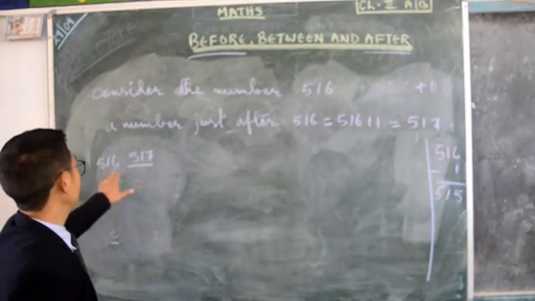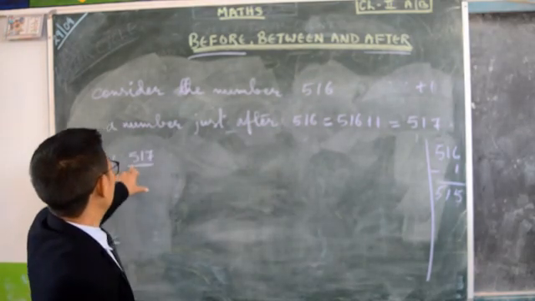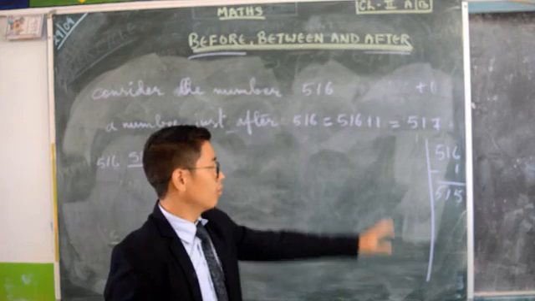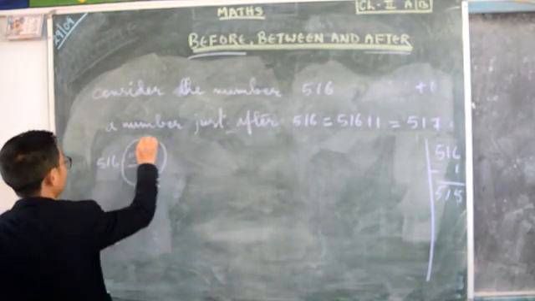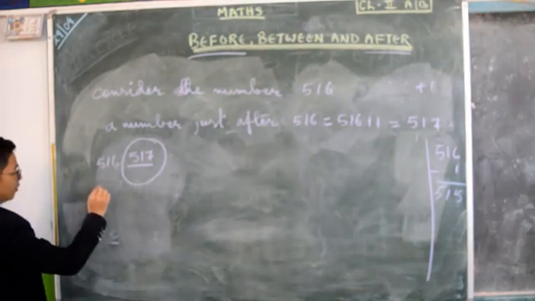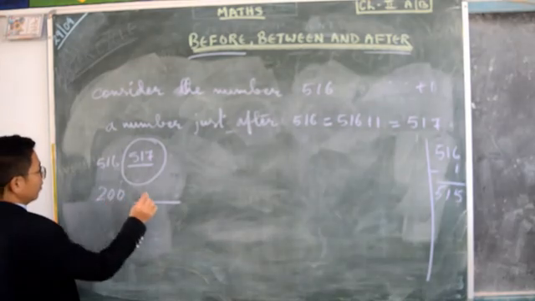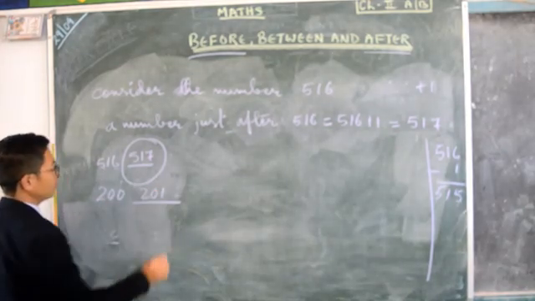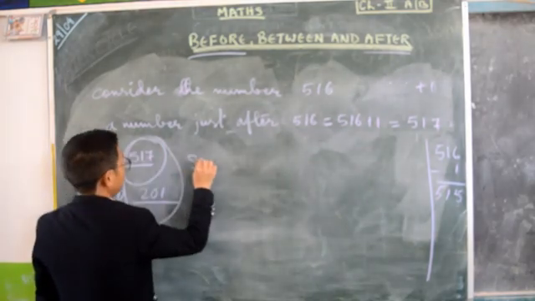And we obtain the just after number by adding 1. Let's take another example, 200. After 200 which number will come? 200 plus 1, 201. So these numbers are called successor.